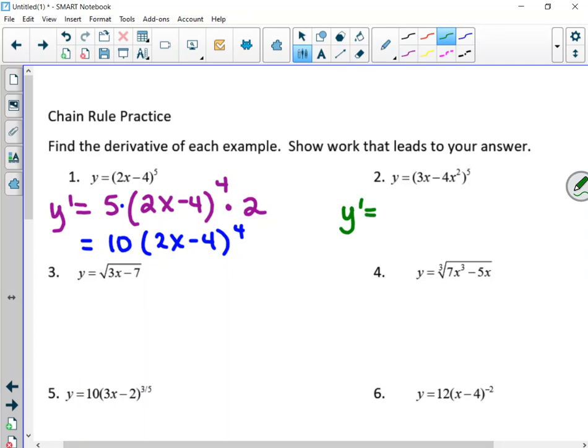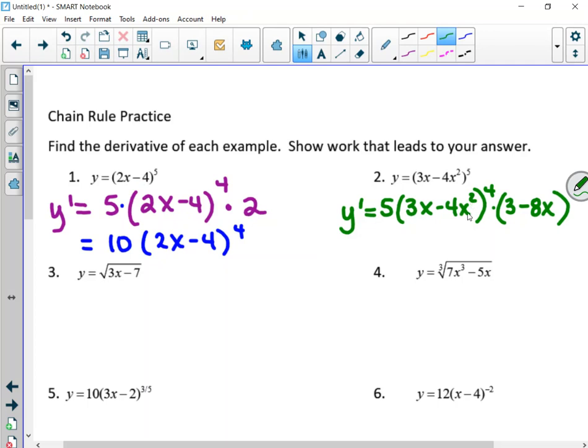So number 2, not really any more complicated in the basic premise, but the chain aspect is an additional expression in this case. So not a constant in the chain, because when you have a linear function inside, you get a constant derivative.